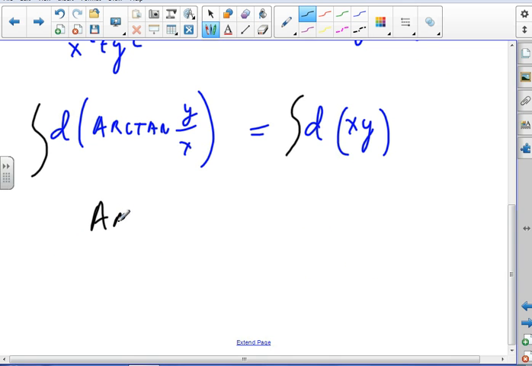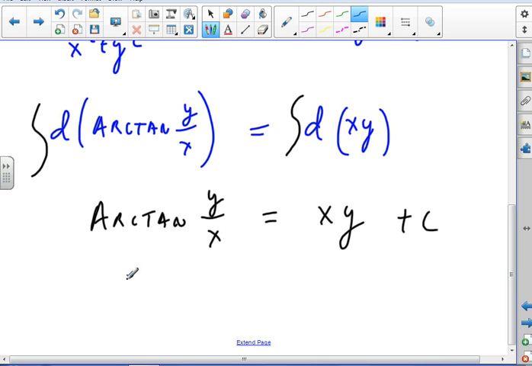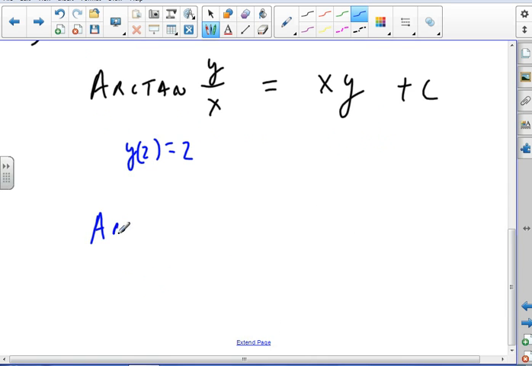Get the arctangent of y over x is equal to xy plus c. All right. So that used to be okay, and we could stop there, but now we have an initial condition, and it says that y at 2 is 2. Okay, so the arctangent of 2 over 2 is equal to 2 times 2 plus c.